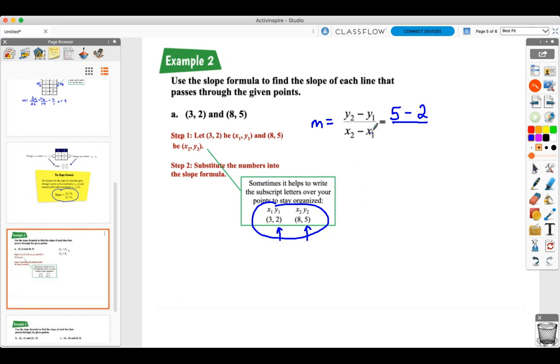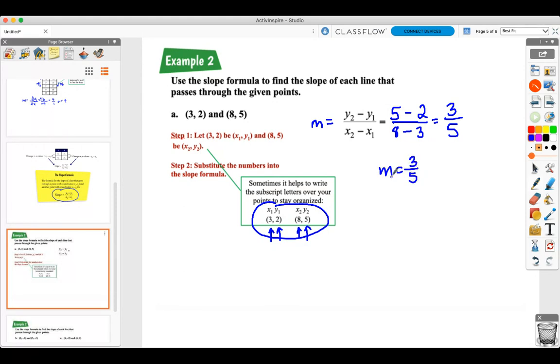And x2 minus x1, so our x2 is 8 minus x1 is 3. And now we just subtract and simplify. So 5 minus 2 is 3, and 8 minus 3 is 5. And that's it. We can't simplify this fraction any further, so this is your answer. So your slope is 3 over 5.